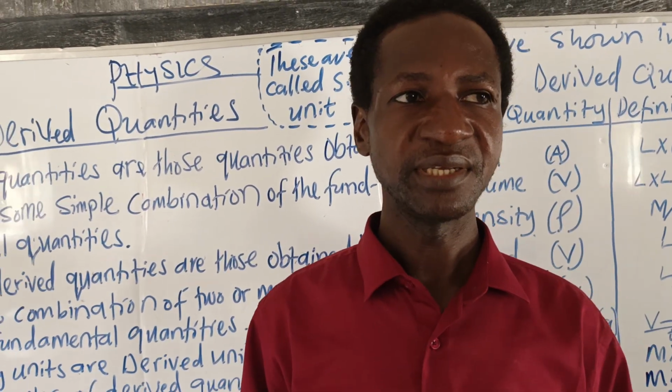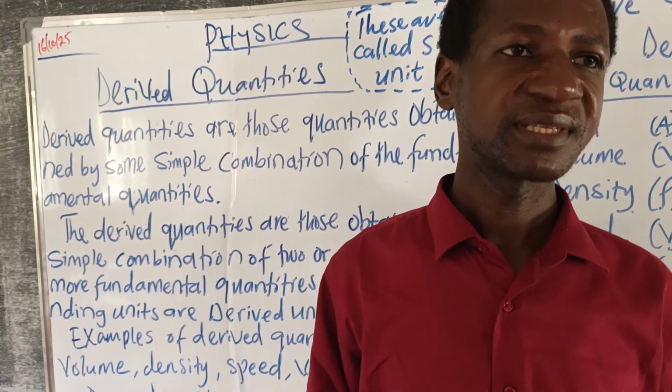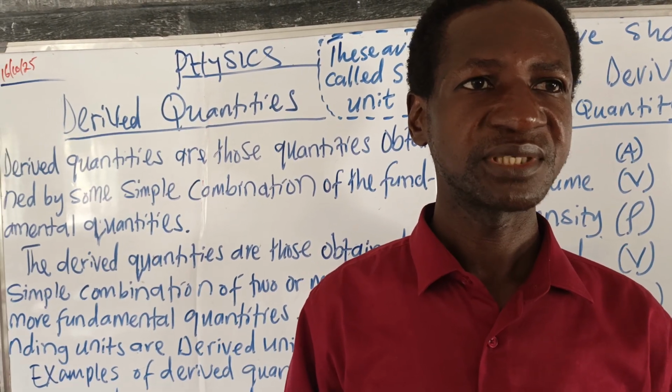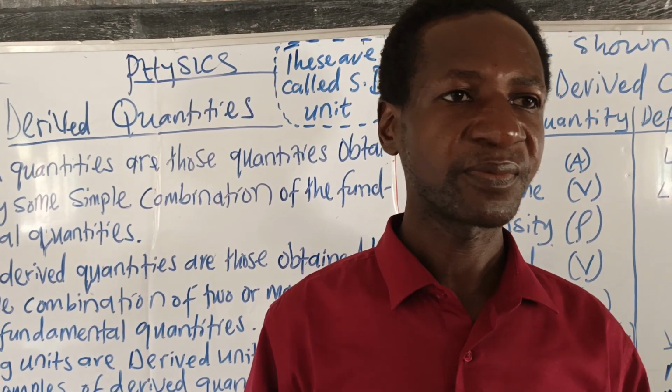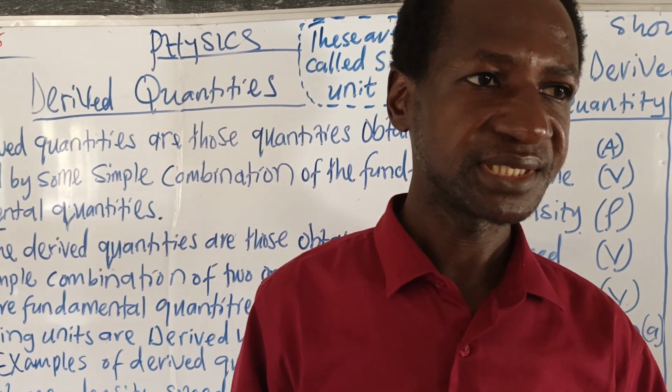What we have today is derived quantities. From the previous lesson, I explained the fundamental quantities, which are defined as the basic quantities that are independent of others and cannot be determined in terms of other quantities.